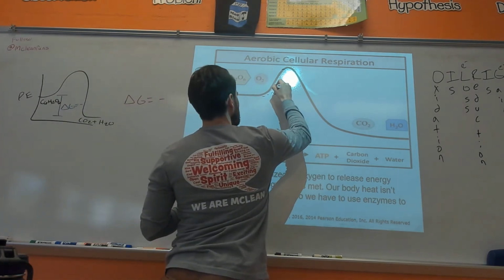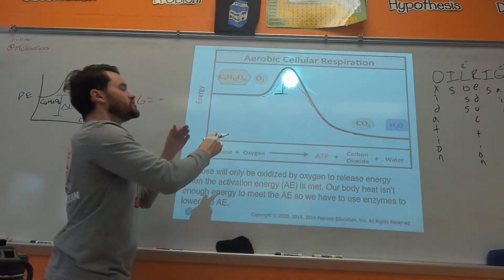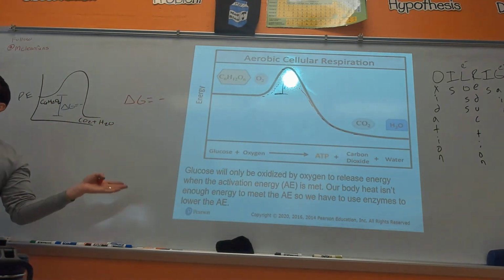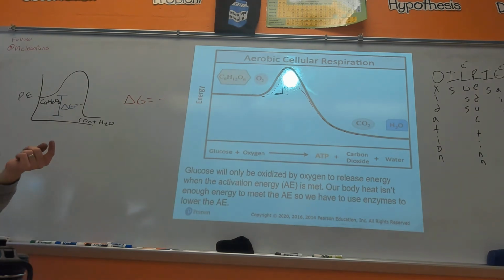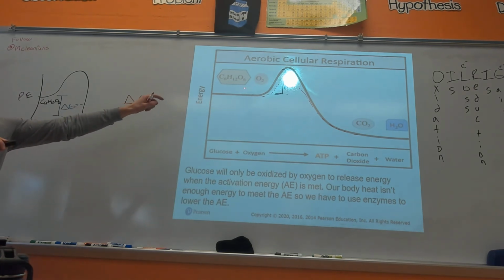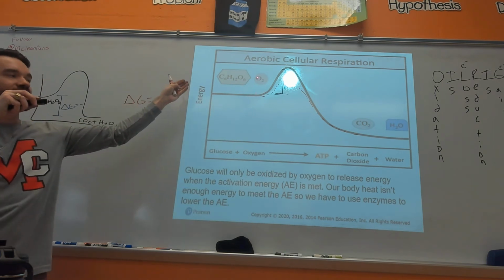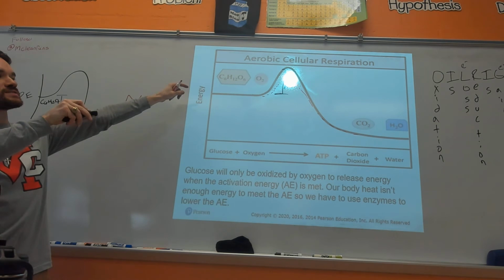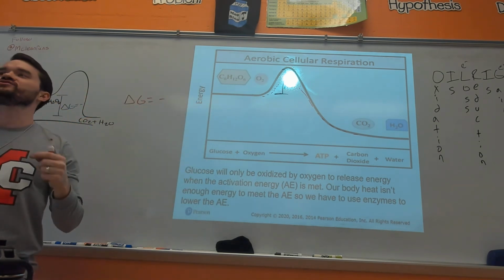Like we talked about at the end of chapter 6, our enzymes lower that activation energy so that we can get that reaction going, so that we can ignite that glucose and get the energy out. That's the idea of the ignition on your car. Whenever you turn that key, the spark plug is providing the activation energy needed, and when you combine the oxygen with the fuel in your gas tank, you create that spark, you meet the activation energy, then you can release all the energy and drive your car.